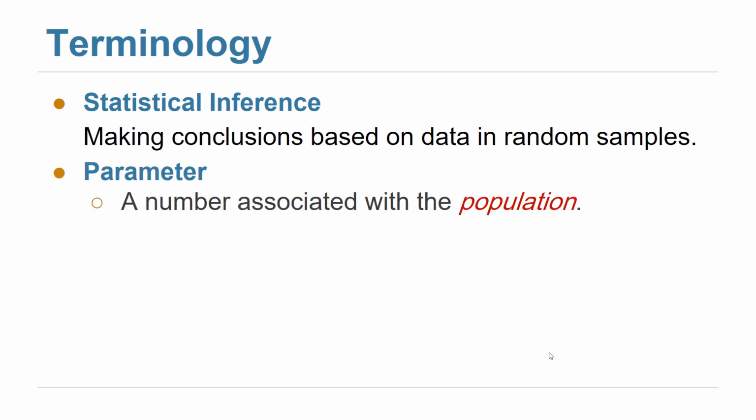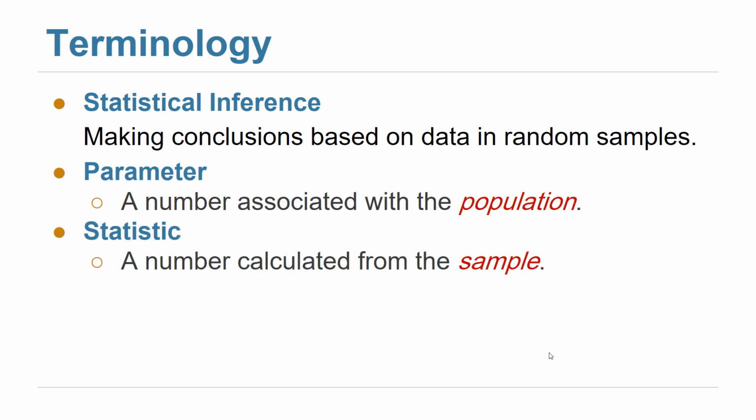A parameter is a number associated with a population. As we mentioned earlier, if I'm talking about the students in the entire university, the average GPA of the students is a parameter of the population. A statistic is a number calculated from a sample out of the population, not from the population itself.